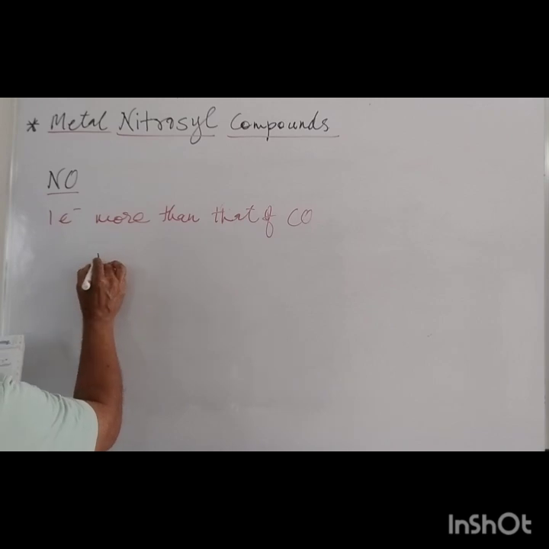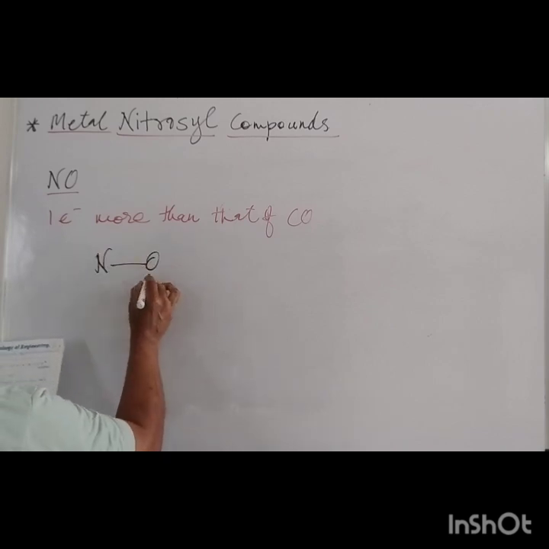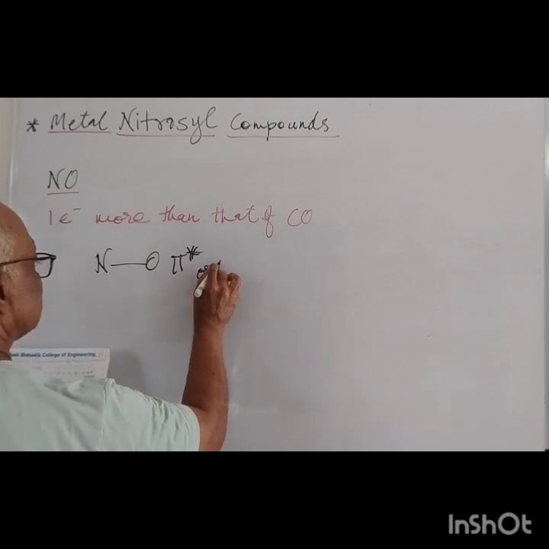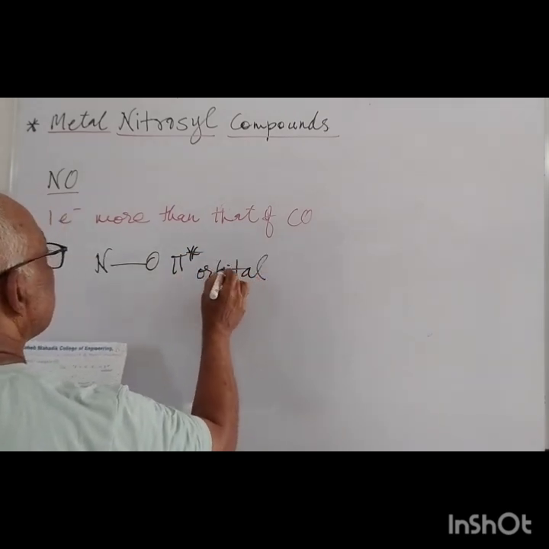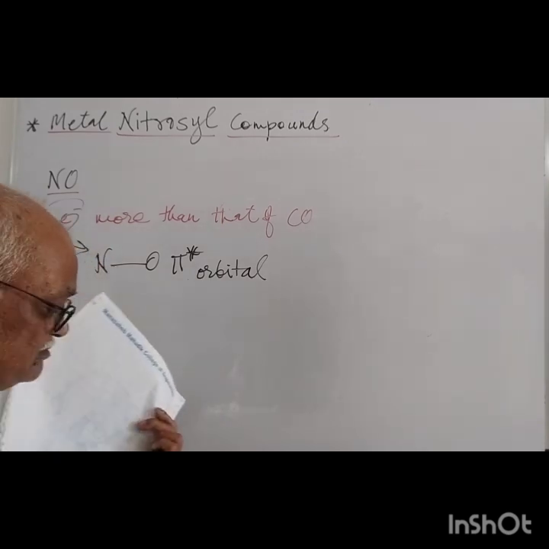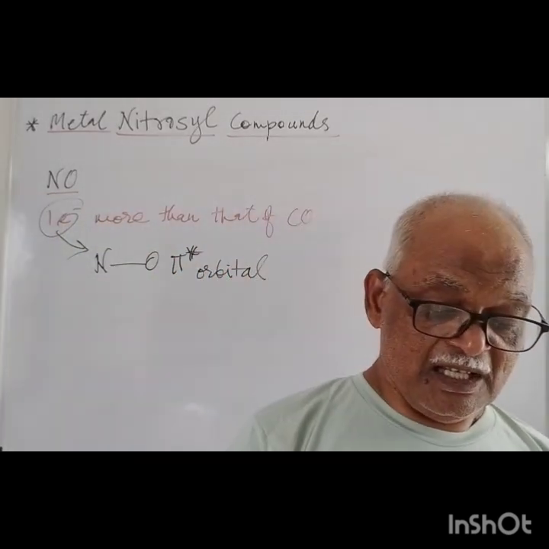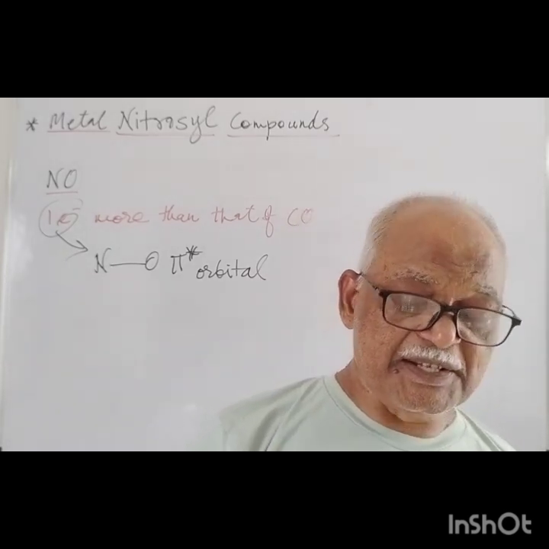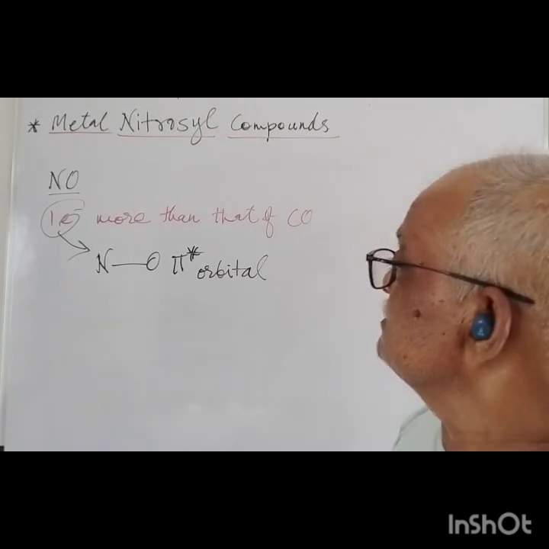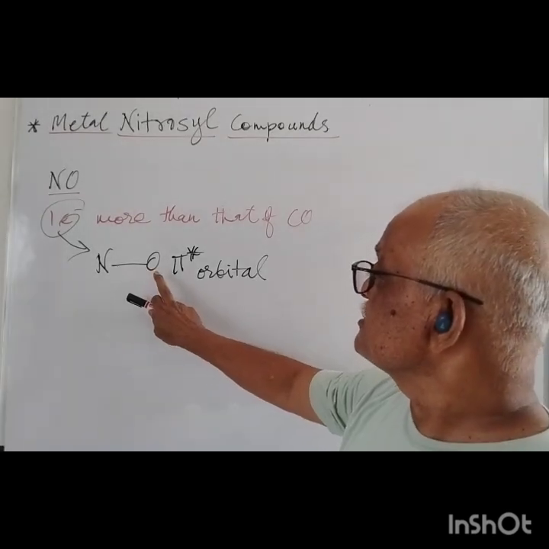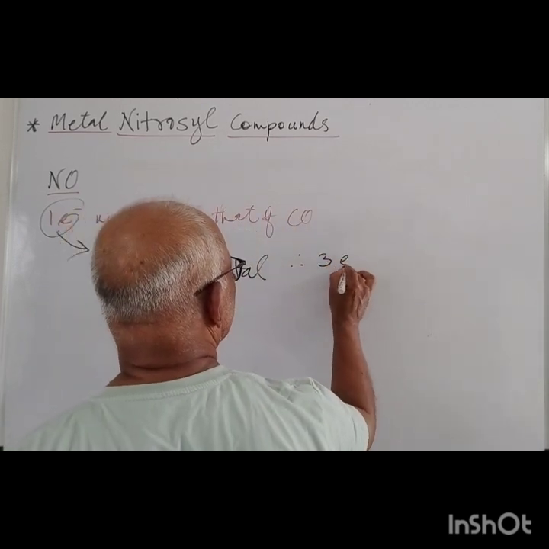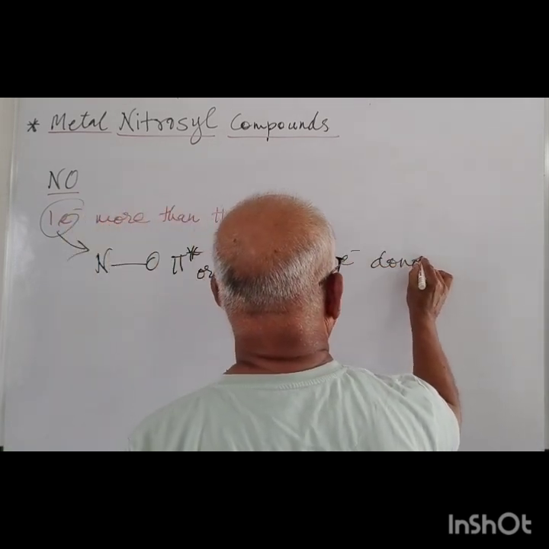So it has a nitrogen oxygen pi star orbital which contains this electron, and it is thus a 3 electron donor. So therefore it is a 3 electron donor.